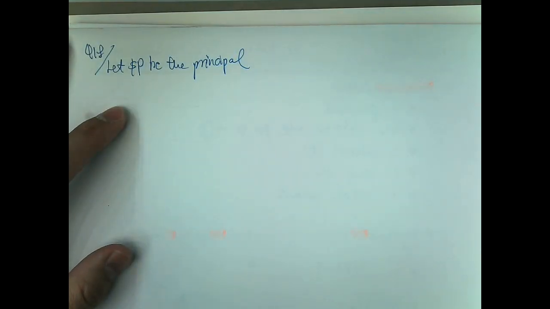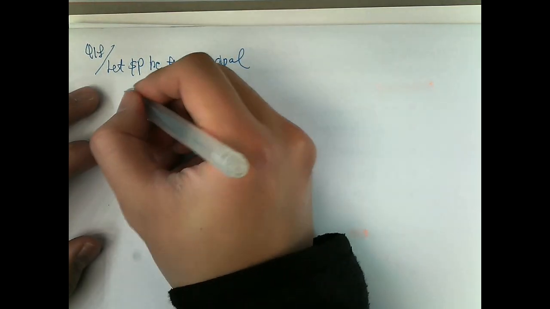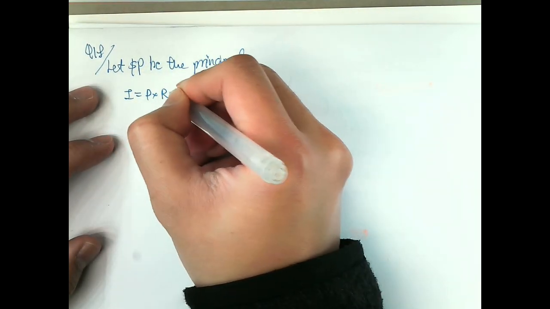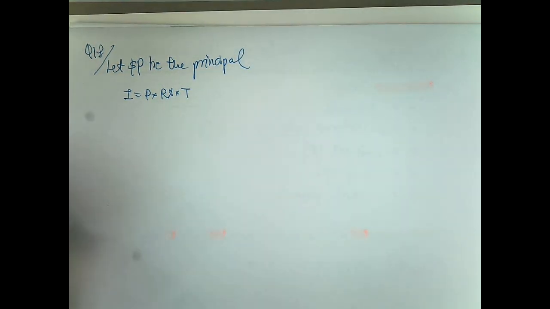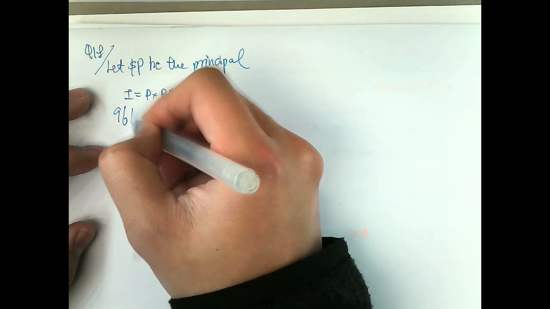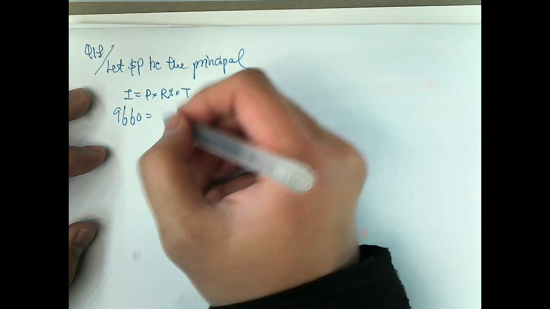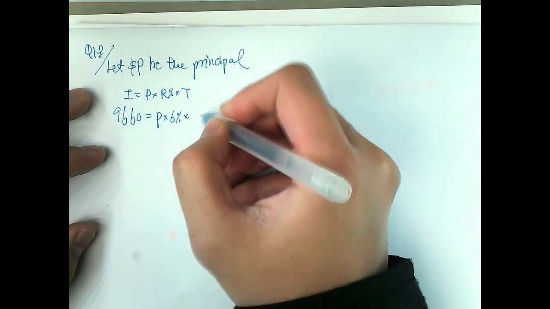So what you have here, you have the I, okay, the T, and the R percent, right? You don't have the A, so you use this formula. Understand? Do not use the formula of A, because you don't have the total amount here. So you have I. I is 9,616, and equal to P, which is what you have to find, times 6% times 7.